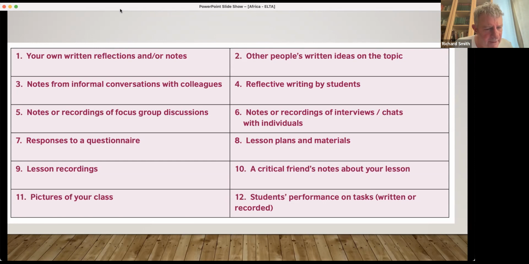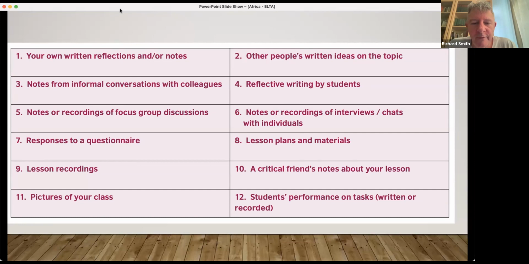I think it's maybe like number 1, isn't it? Your own written reflections or notes. But it was based on what she saw. So it's a little bit like number 10. Number 1 is your own written reflections or notes. So writing can answer some questions, writing about what you believe or what you think about something.